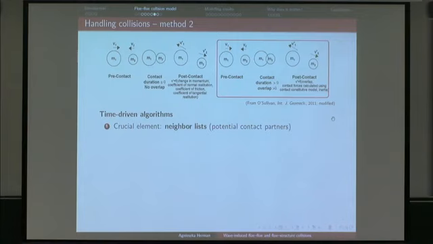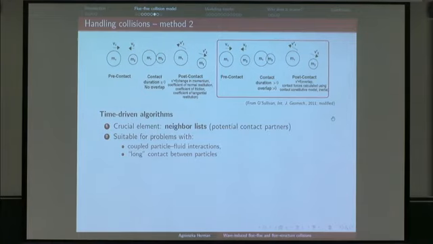And the second method is, I don't like this name, time-driven. It's strange, but anyway, it is a method based on a constant time step, in which we do calculate the contact force based on so-called overlap between particles, which is in fact the deformation of the particle, not the overlap.